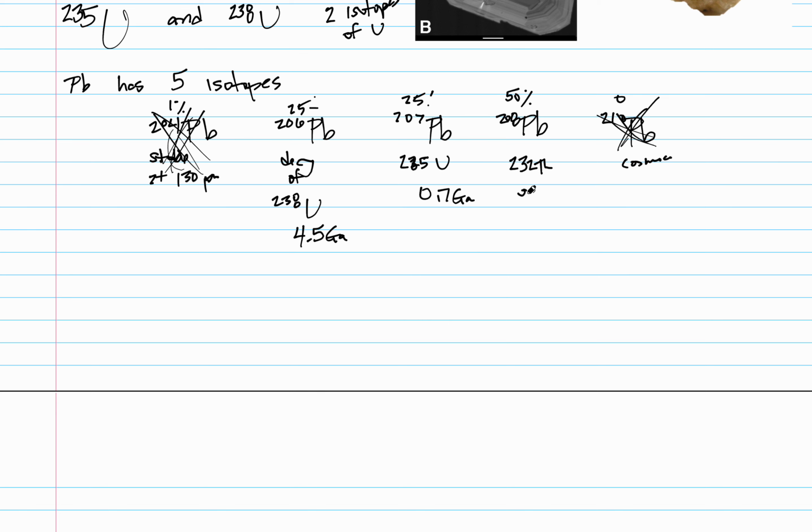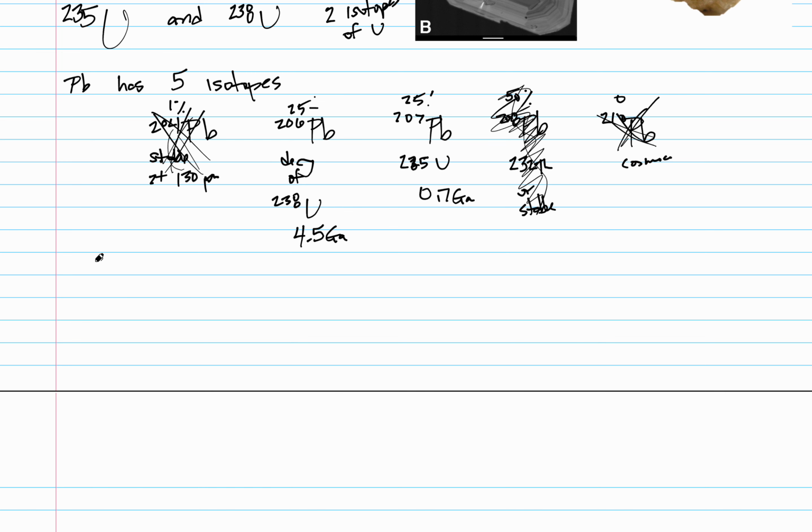232 thorium or stable. So that presents a problem, except we have a mass spectrometer that can be tuned to a specific mass. And so we can get rid of this and not measure it, and tune the instrument only for lead-206 and lead-207.